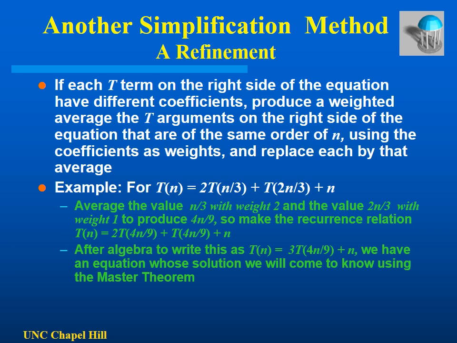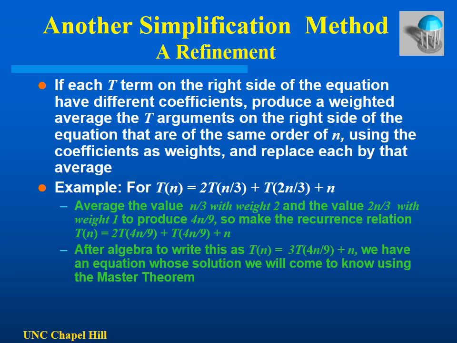As a result of that, we need to do a weighted average using the coefficients as weights. So we have weight 2 and weight 1. Total weights is 2 plus 1 is 3. And so we multiply the n/3 with weight 2 to get 2n/3, and the 2n/3 with weight 1 to get 2n/3.